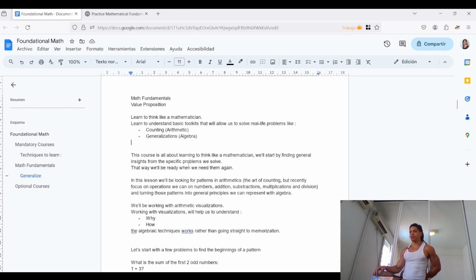I also look at one particular way of how you can learn from Brilliant, to start to think like a mathematician, to start to look at patterns, which is something inherent in all of us.